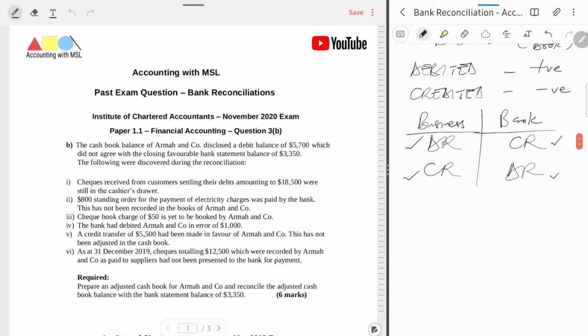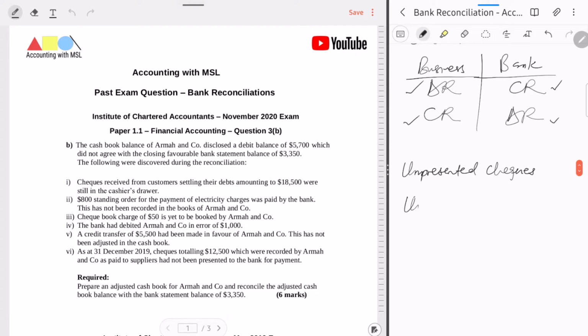But let me introduce you to 2 new terms. The first is called unpresented checks. Then the next is known as uncredited checks. Let me explain briefly so that when I start using them, you're not lost.